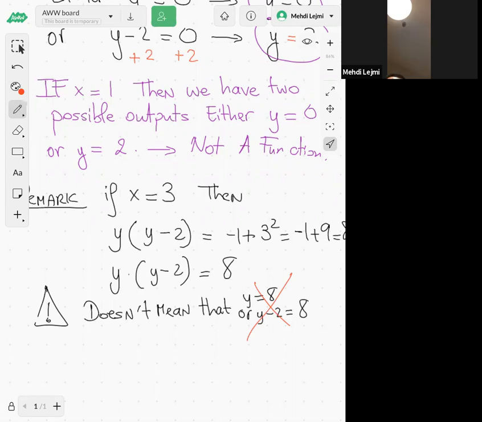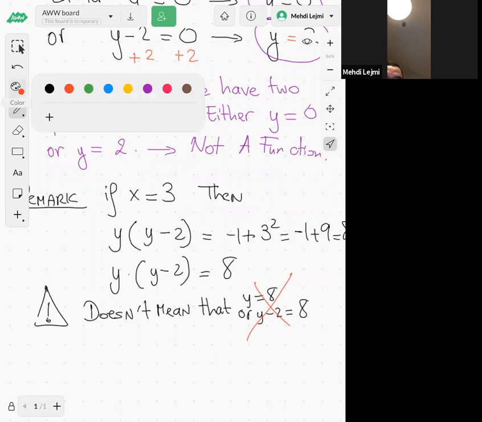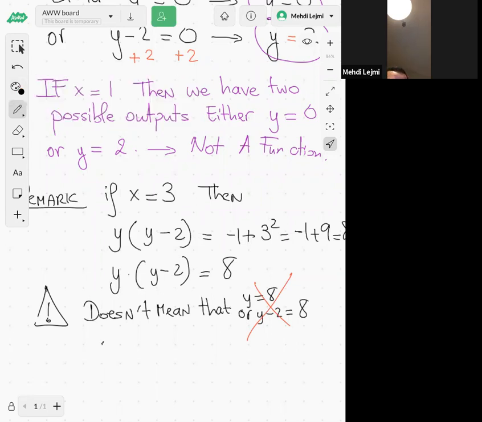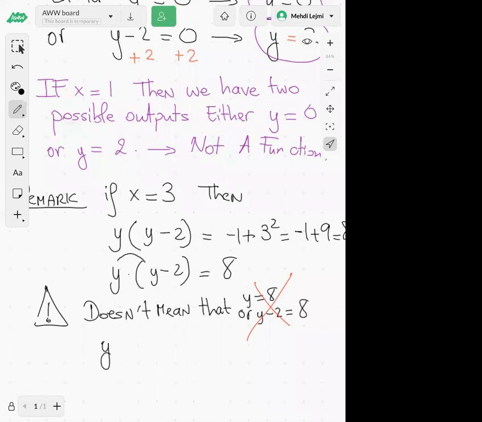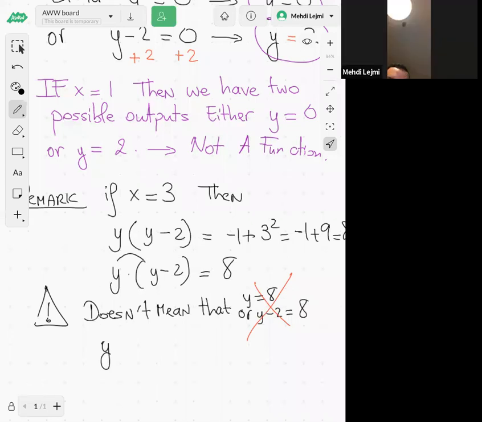So what I can do here, if you want to solve for y: here it's y times y minus 2 is equal to 8. So if you distribute, guys, y times y would be y squared, and y times 2 would be minus 2y, equal to 8.